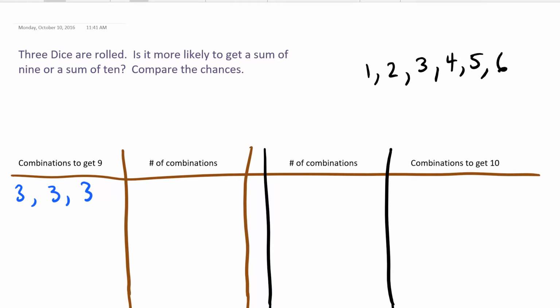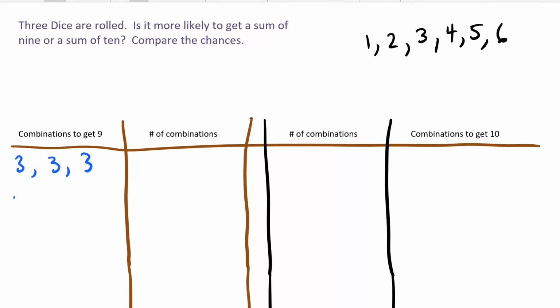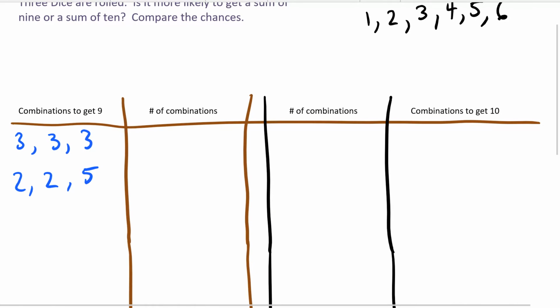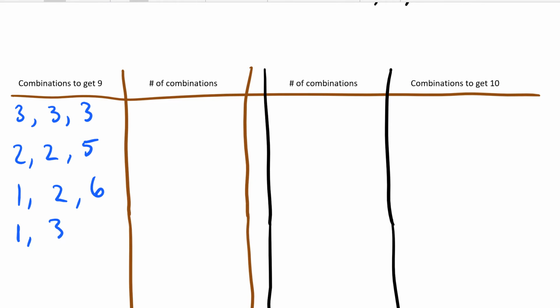So that would total out to 9 in 3 rolls of the die. 2, 2, 5 also sums to 9. 1, 2, 6, 1, 3, 5, all add up to 9.